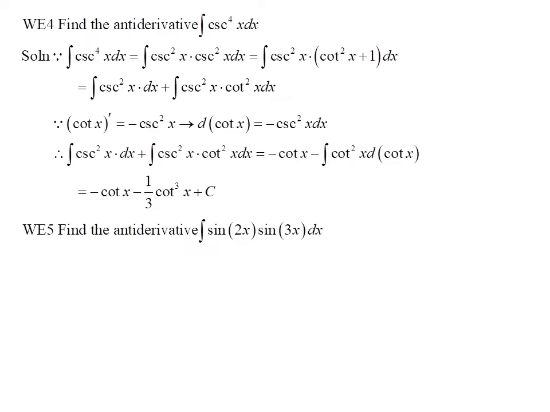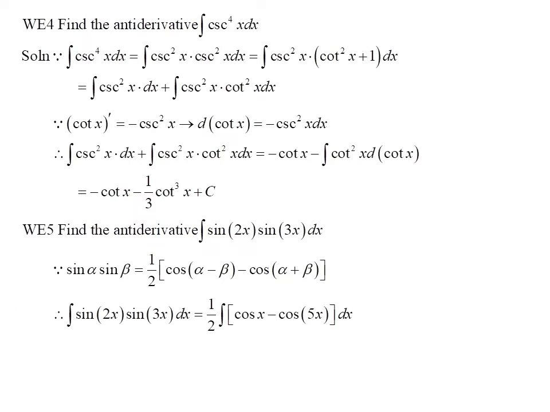Example 5 is to find a general solution of the integral of sine 2x sine 3x dx. Since the product form of circular functions can be transformed to its corresponding addition form, the integrand function sine 2x sine 3x is transformed now to 1 over 2 times (cosine x minus cos 5x).